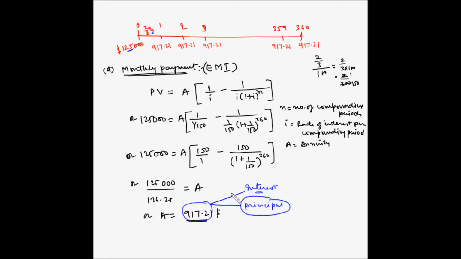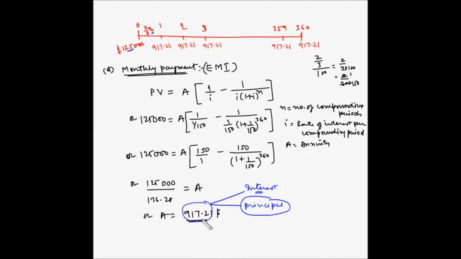Now each month has a different amount of interest and principal that is being paid to the bank. So now the second part is what portion of the payments made during the first year will go towards interest. So if we take the monthly installment for the first year, how much is the total interest that we have paid, and that interest forms what percent of the installment that we are paying.